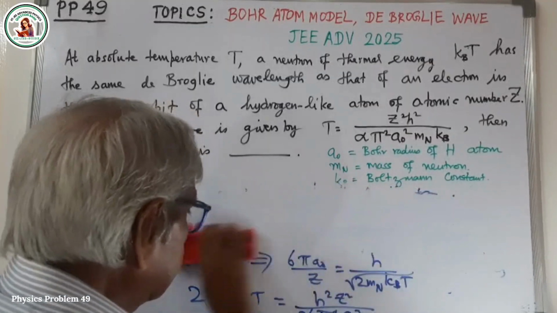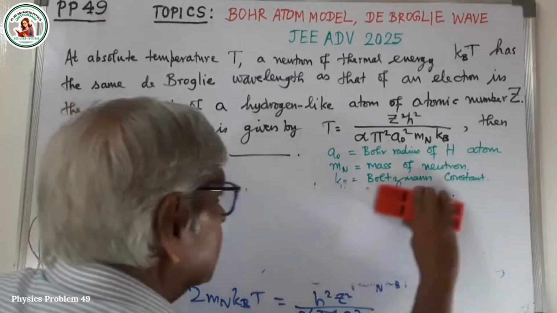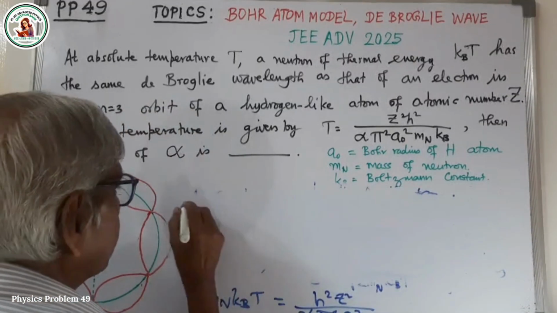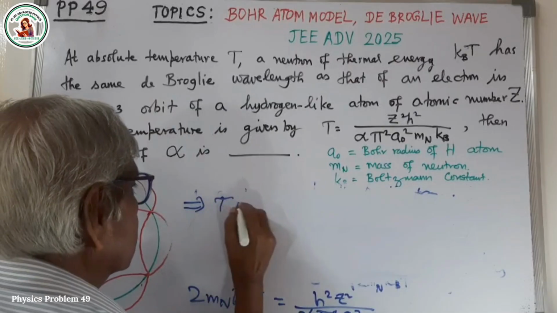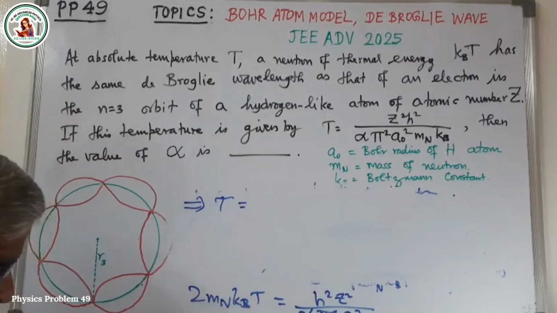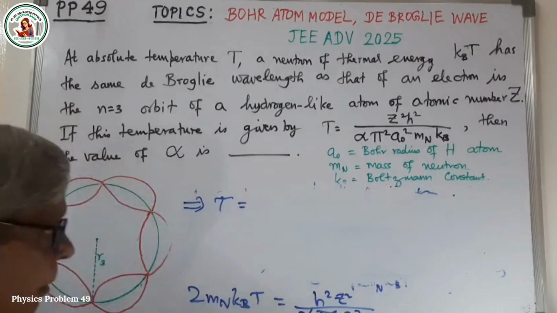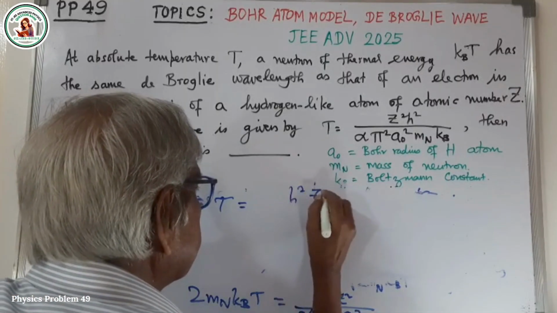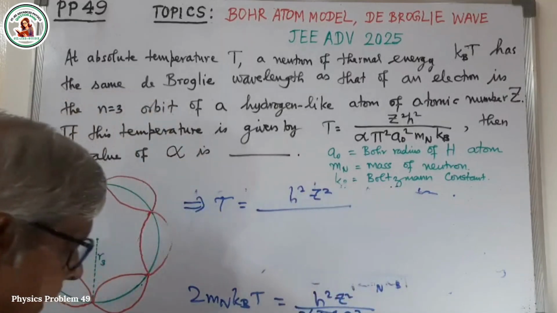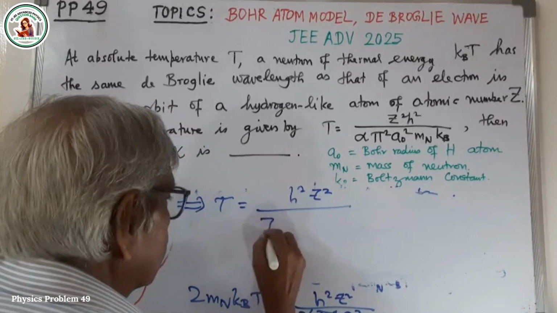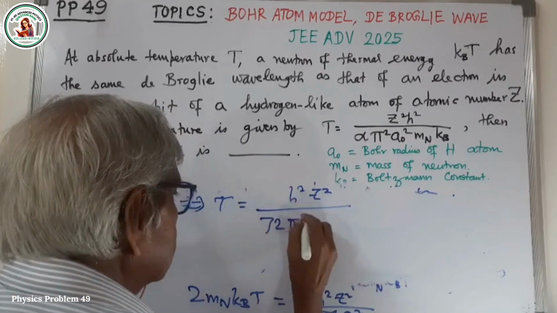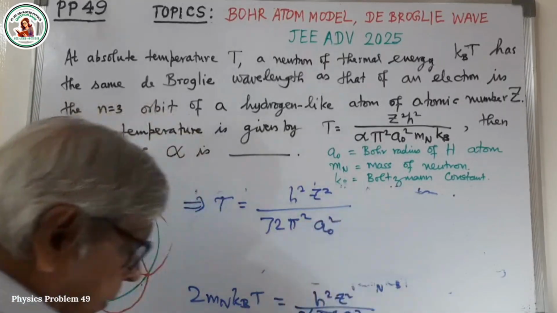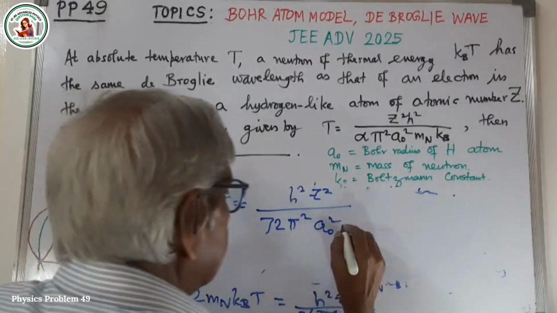This implies T equal to h square Z square by 72 pi square a naught square mn kB.